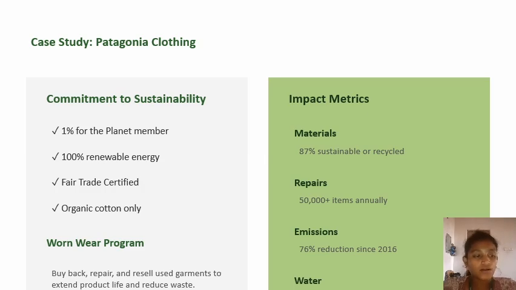These show that environmental commitment can strengthen brand values. The impact: 87 percent of material is recycled, over 50,000 items are repaired annually, and emissions are reduced by 76 percent.